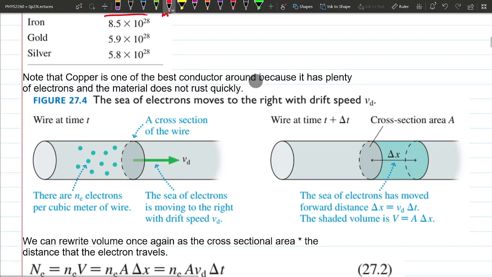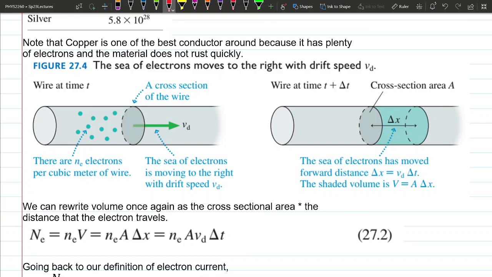Note that when these electrons are moving through, let's say, some copper wire that's cylindrical in shape, it has some drift velocity Vd. After some amount of time, it goes through a delta x section of the wire.